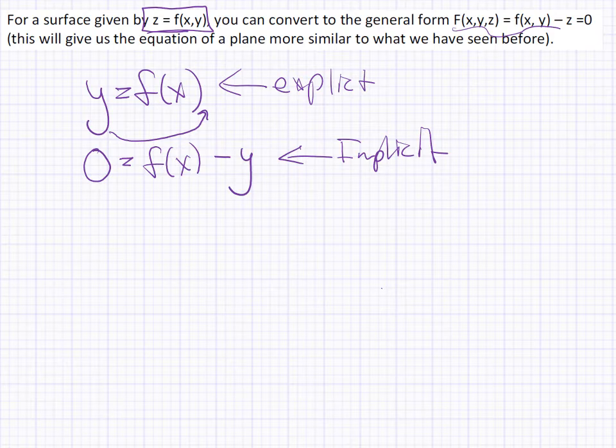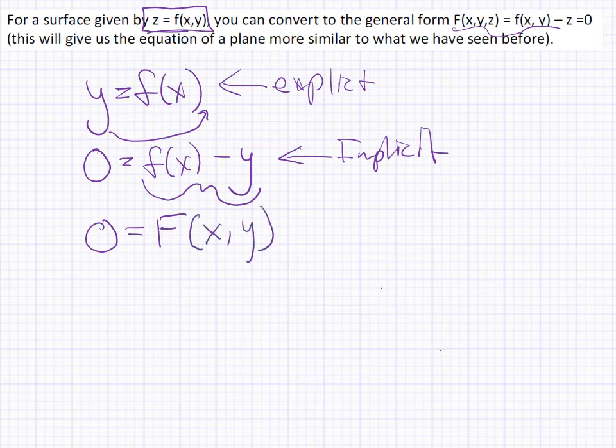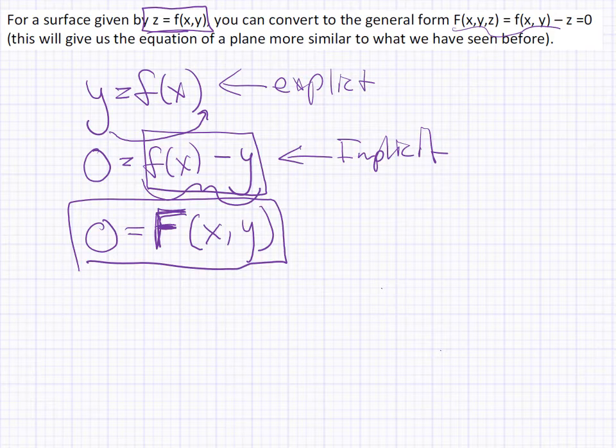We don't need to, but the notation for an implicit function can be written in this way, in that if you look, this has both x's and y's on this side of the equation. So I could write 0 equals capital F of x and y, which is just saying that this side of the equation is an expression in both x and y. It has x's and y's in it. And we use this capital F. So when you see this notation here, this is essentially just describing an implicit form of a single variable function.